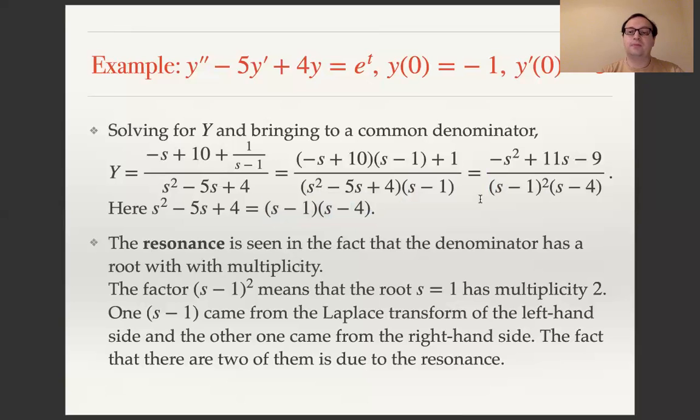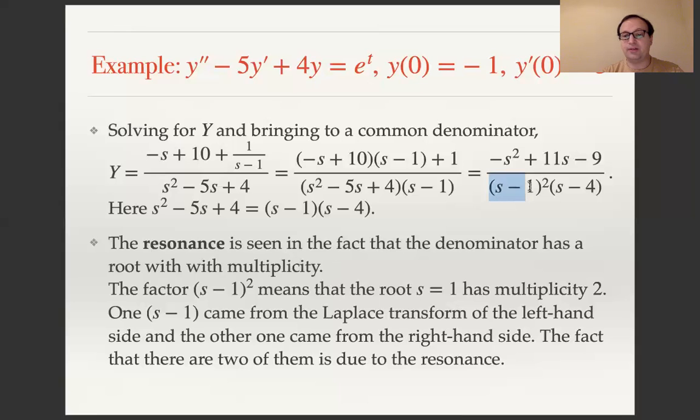So this is how we can tell that there is a resonance in the equation. Namely, it is seen in the fact that the denominator has a root with multiplicity.